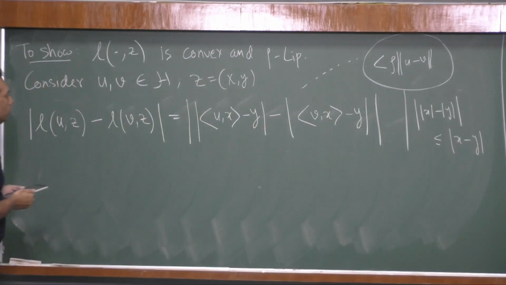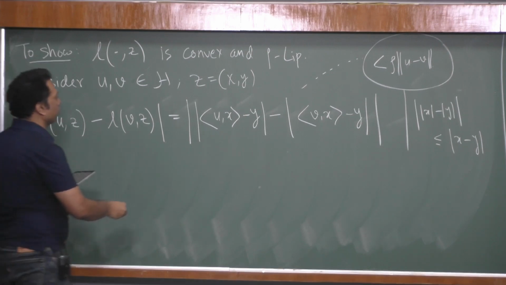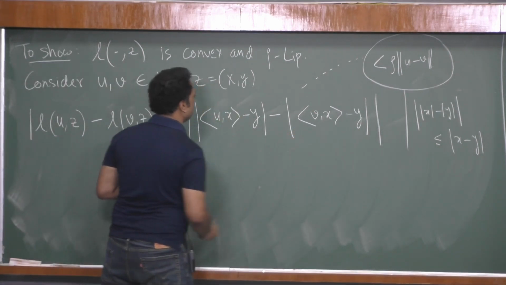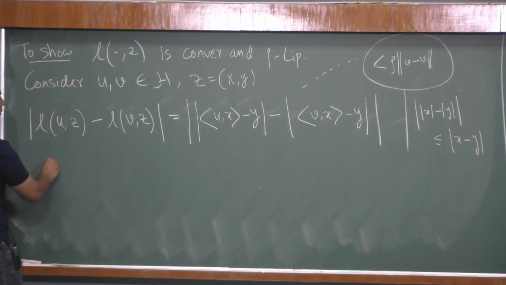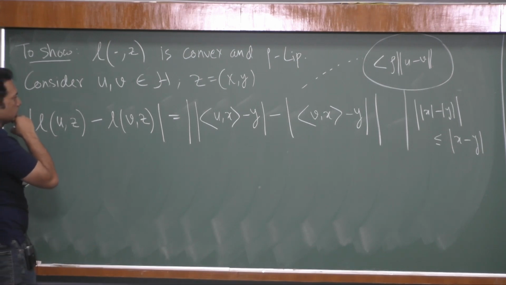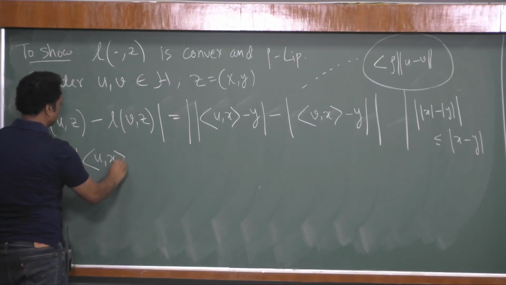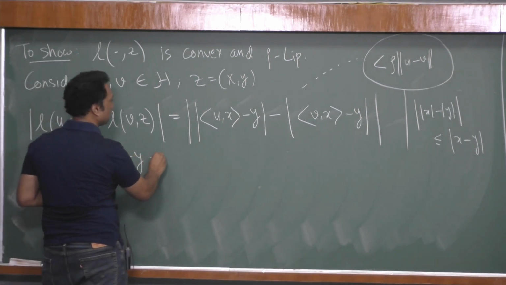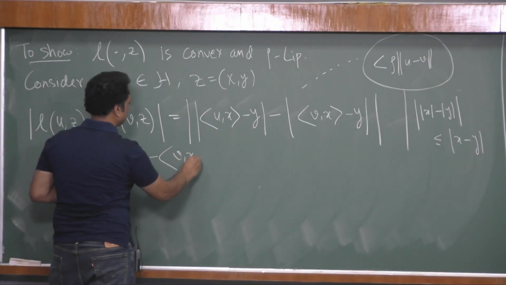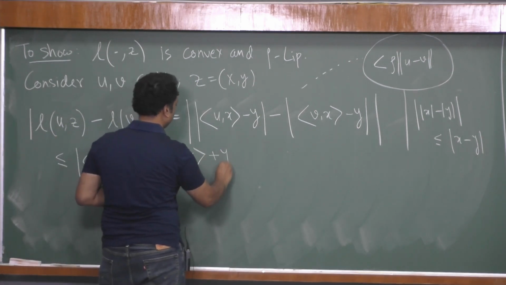We recall this inequality and apply it here, where this whole thing is X and this whole thing is Y. So this becomes less than or equal to |U·X - Y - V·X + Y|.